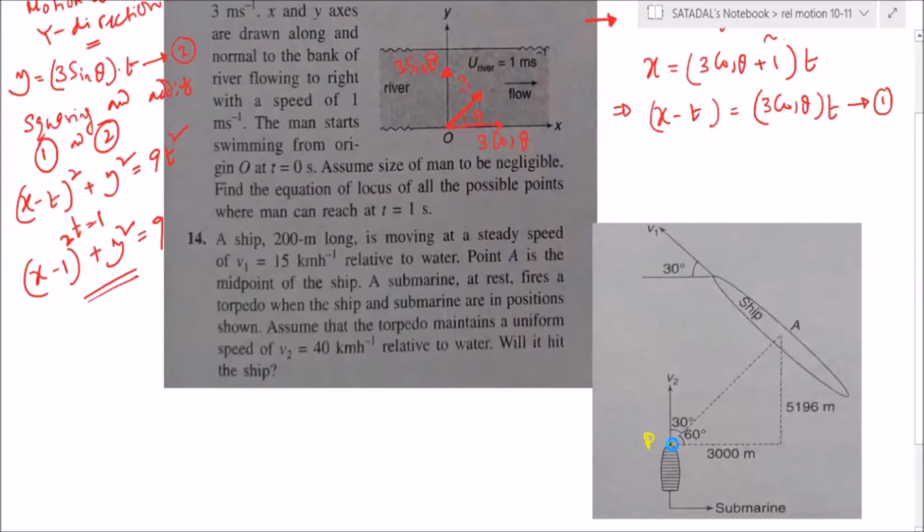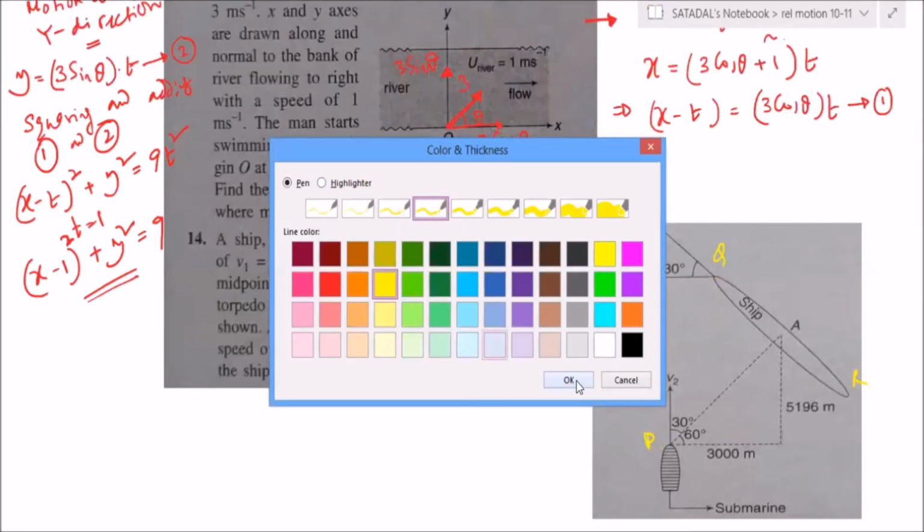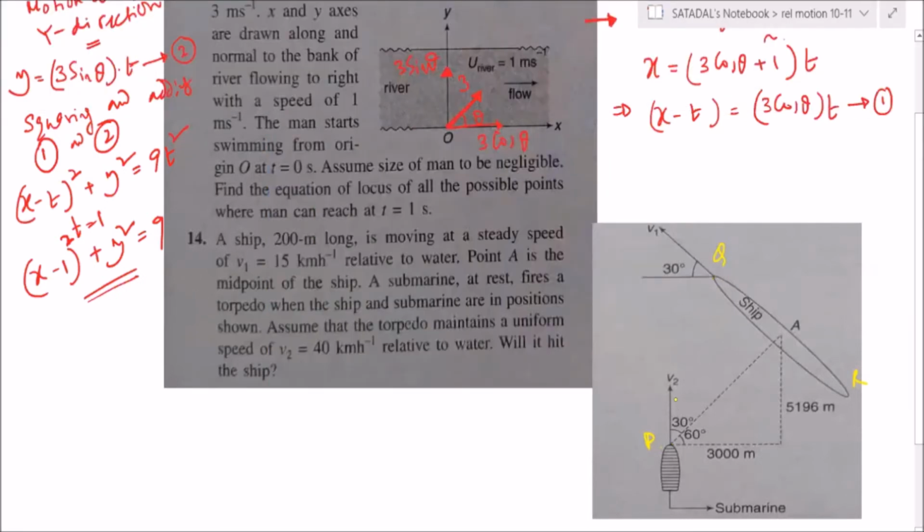Suppose this is the point where the torpedo is launched. This point you take Q, this point you take R. So if I join these 2 points, now I'm writing the concept.